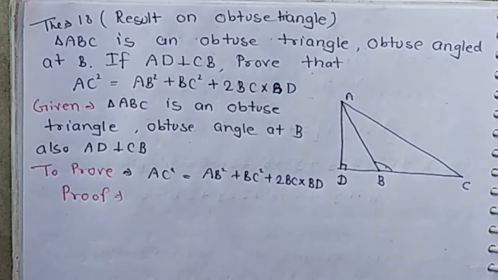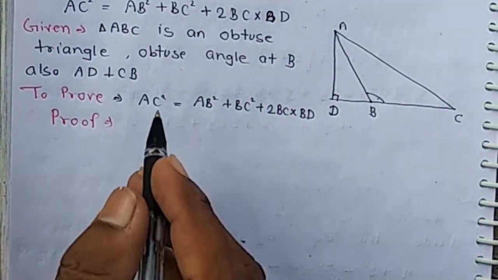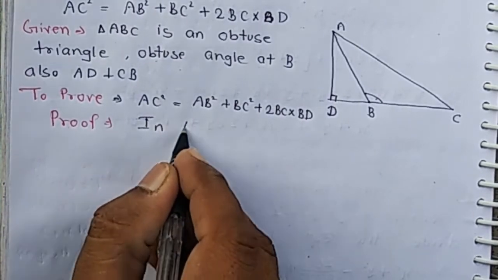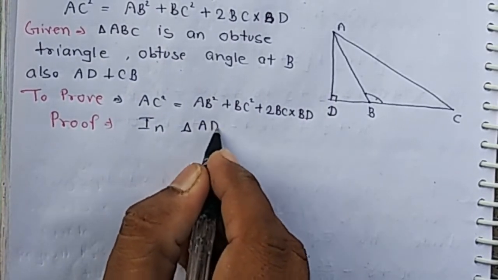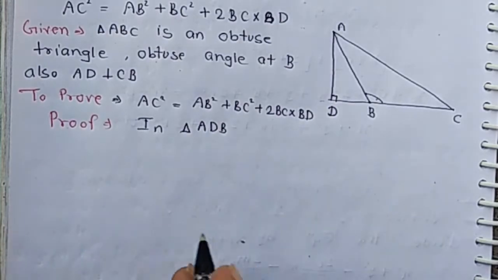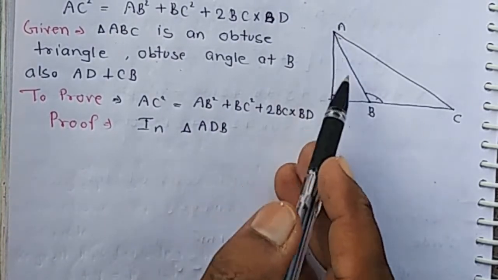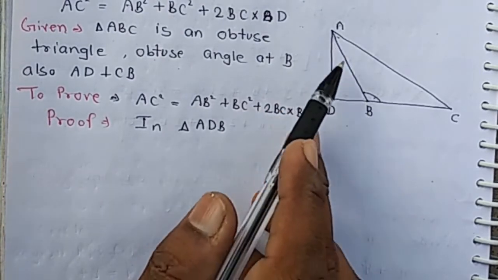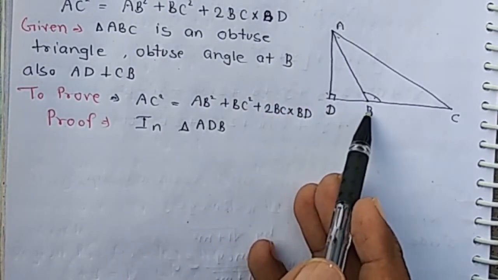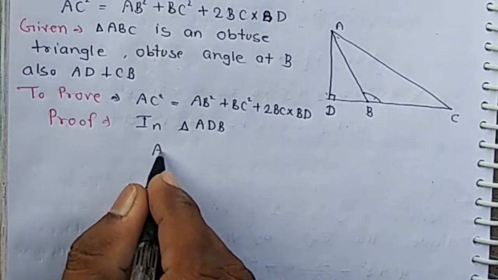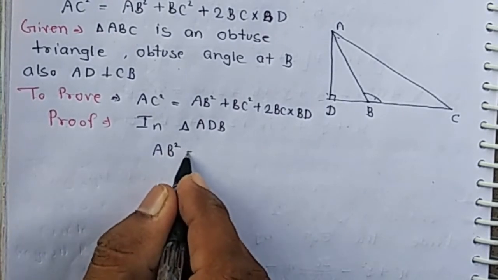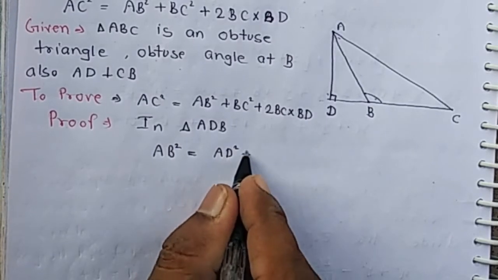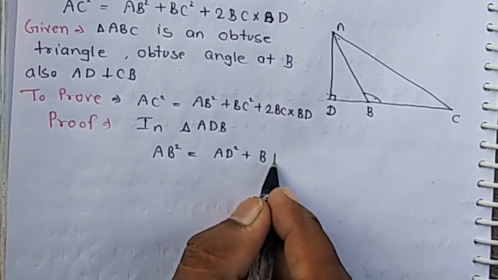In triangle ADB, by Pythagoras theorem, AB is the hypotenuse, AD is the perpendicular and DB is the base. The square of the hypotenuse is the sum of the squares of the other two sides, meaning AD square plus BD square.